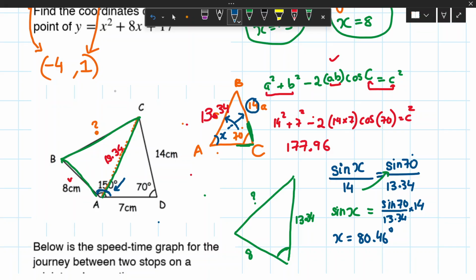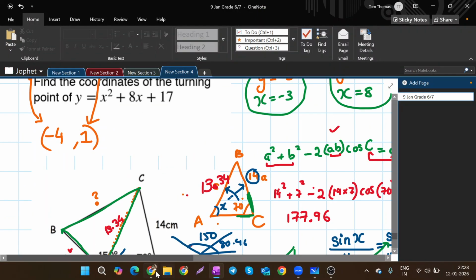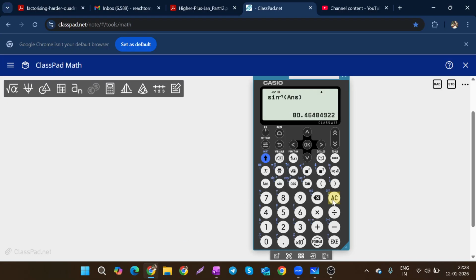Now that means I can find the remaining piece of that angle. So I know the full thing is 150, the angle that we've got here, and this tiny piece is 80.46. So the rest of that should be 150 take away 80.46. Gotta go back to the calculator again.